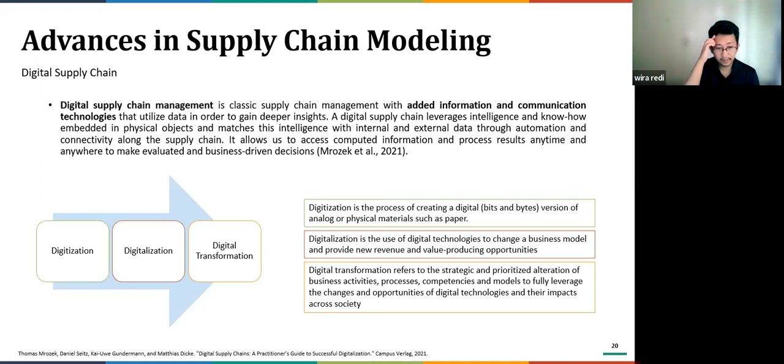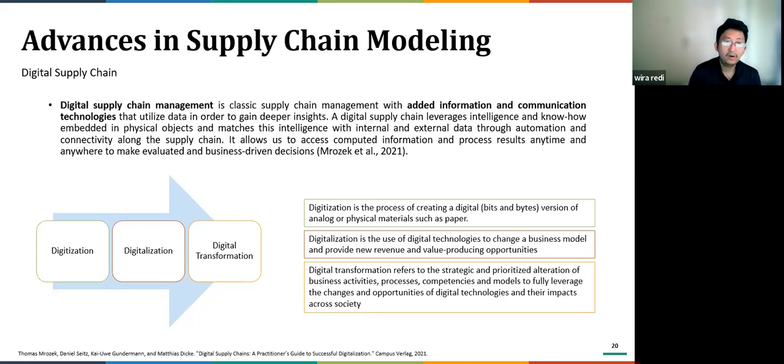Okay, this is probably the last one. After this, we will see more and more topics in supply chains, discussing digital supply chains. So what is a digital supply chain? Well, basically it's the same topic that we discussed in the early slides, talking about digital supply chain management.